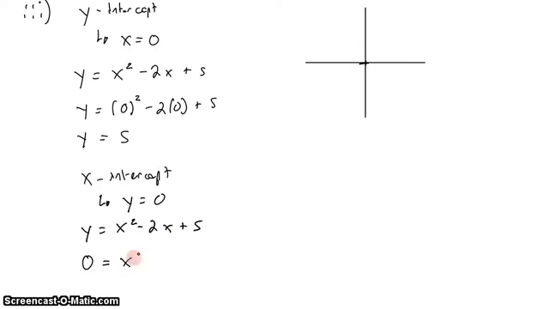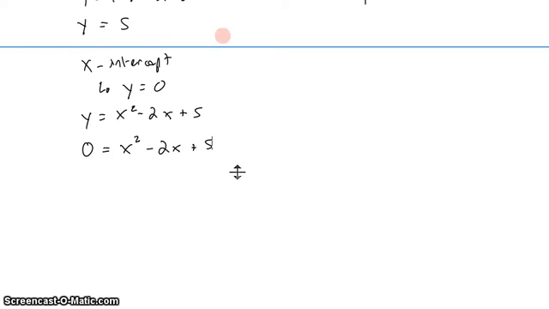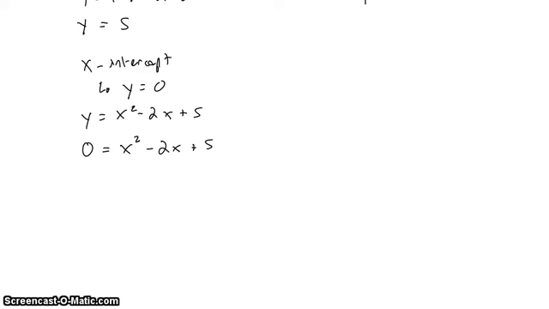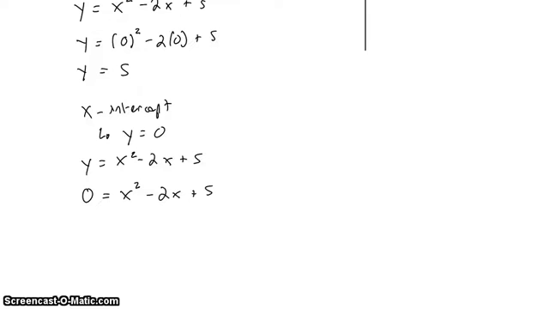So 0 equals x squared, take 2x plus 5. And I get a quadratic equation. To solve this quadratic equation, I could try factorization, I could try completing the square. It's not going to work out cleanly though, because there's only two numbers that I can multiply together to give me 5, that's 1 and 5, and they're not going to combine together to give me negative 2.